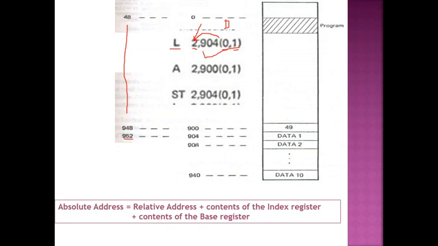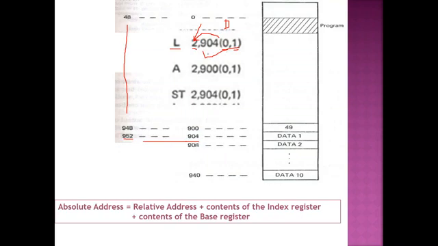So 904 is your relative address; add 48 to it and you get the absolute address 952. That's why you have the address in such a format.